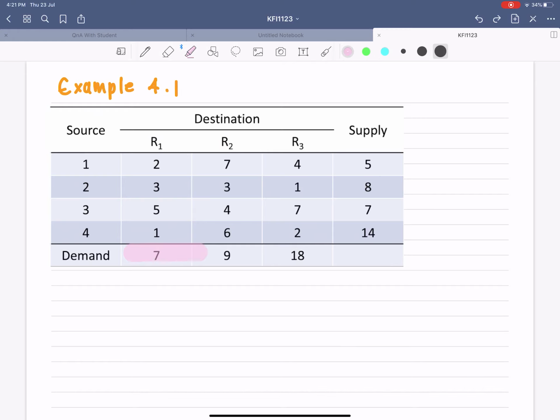First, you find the total of these values: 7 plus 9 is 16, and 16 plus 18 is 34. So we have here the total is 34.